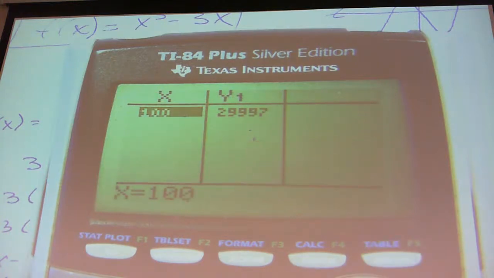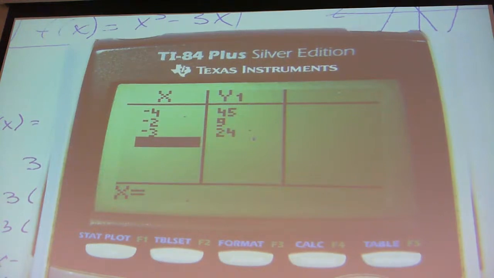Go to the table, second graph. Give me some numbers that are less than -1. -4. If you type in -4, you're going to get a positive result. What does that mean? It means it's going up. Another number less than -1: -2. It's a positive number, it's increasing. -3. Anything less than -1 in the derivative will give me a positive result. That means it's increasing.